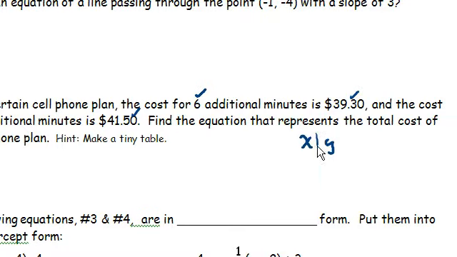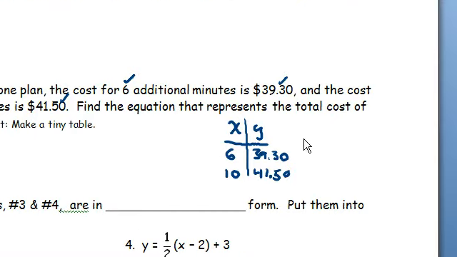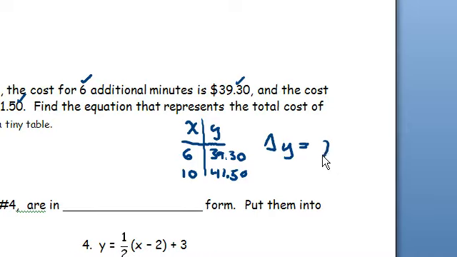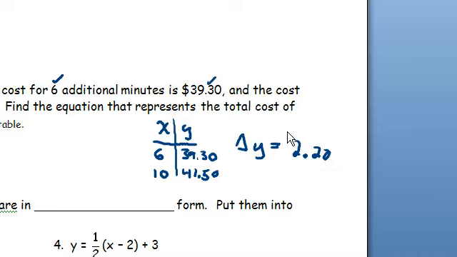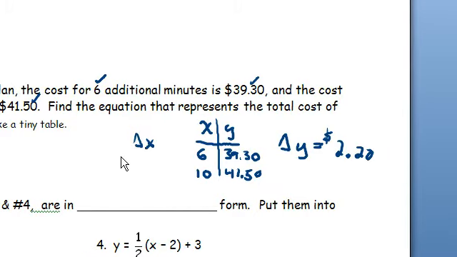I'll write our table x, y, where x is 6 minutes and 10 minutes. 6 minutes costs $39.30. 10 minutes costs $41.50. I calculate my change in y, which equals $2.20. And I'll calculate my change in x, which equals 4 minutes.